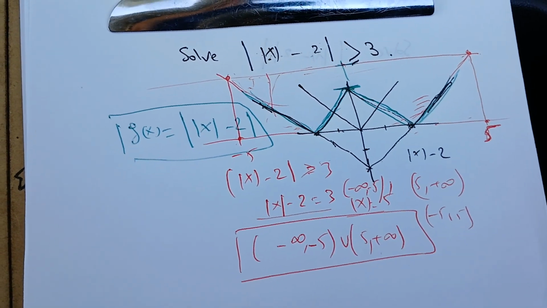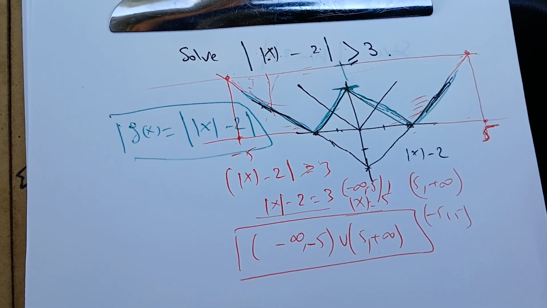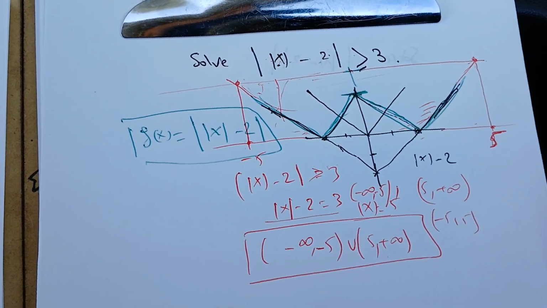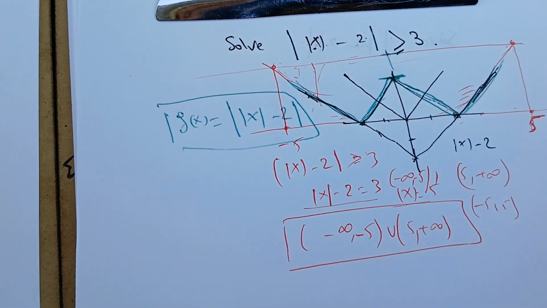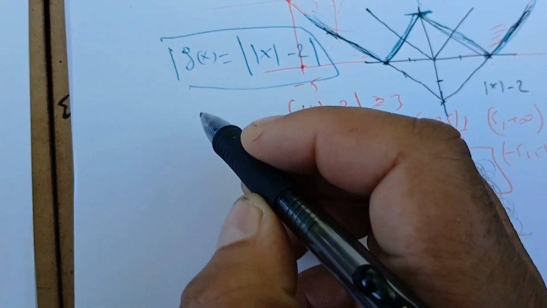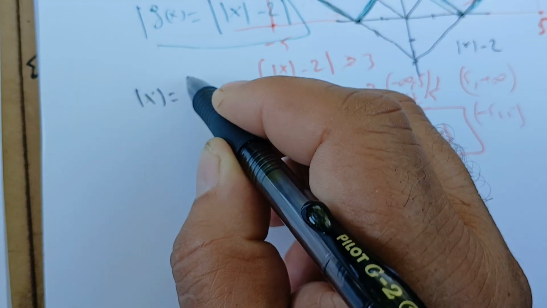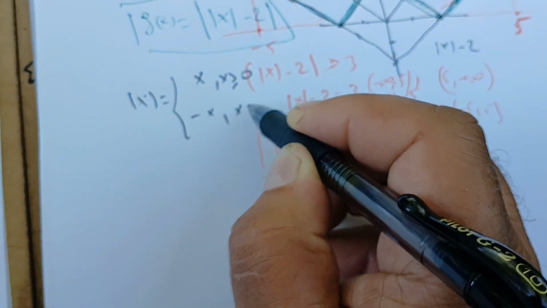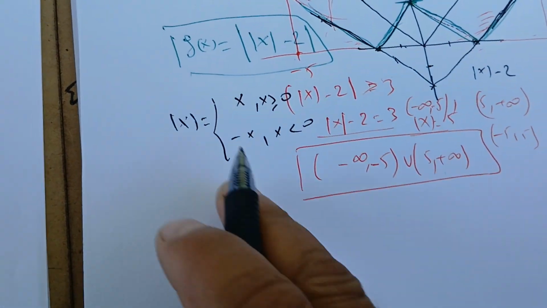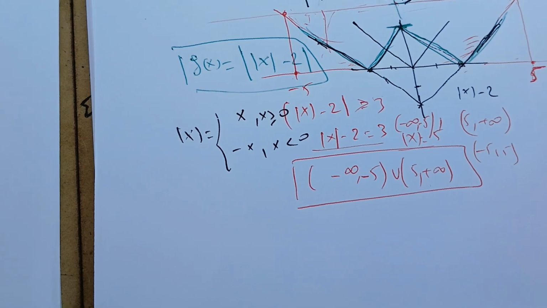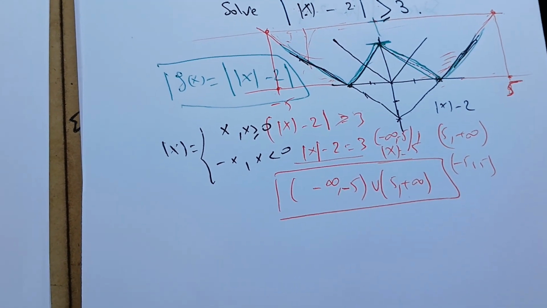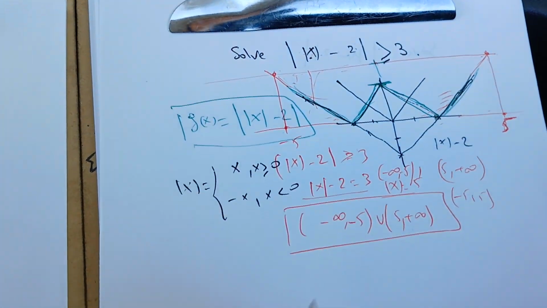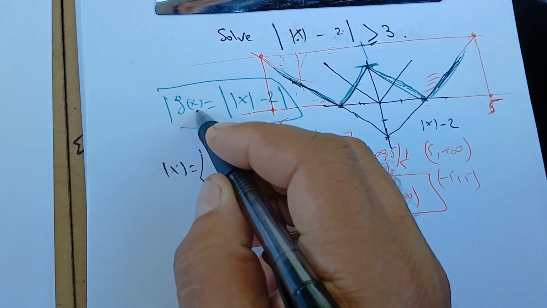But what about an algebraic solution? Can we do that? Yes, we can. We need to remember that the absolute value of x is x when x is positive and minus x when x is negative. That's all we need to get our values here. So let's simplify this expression, let's simplify g of x.